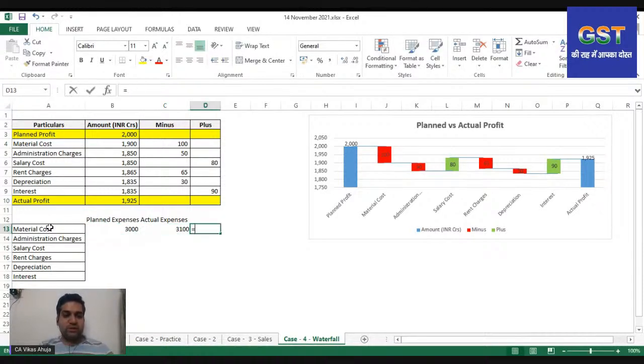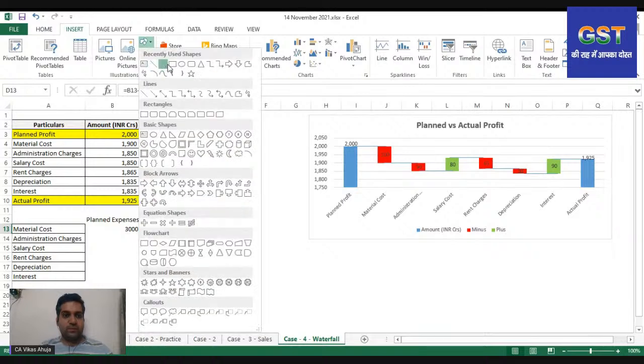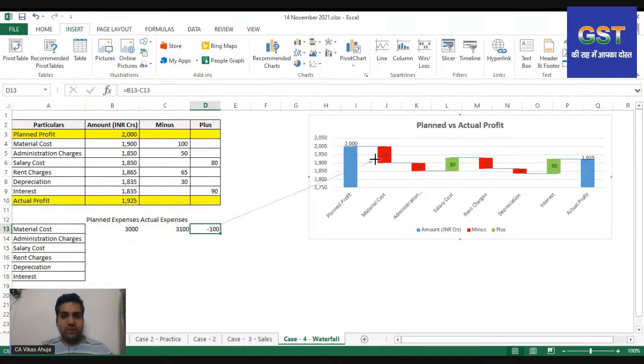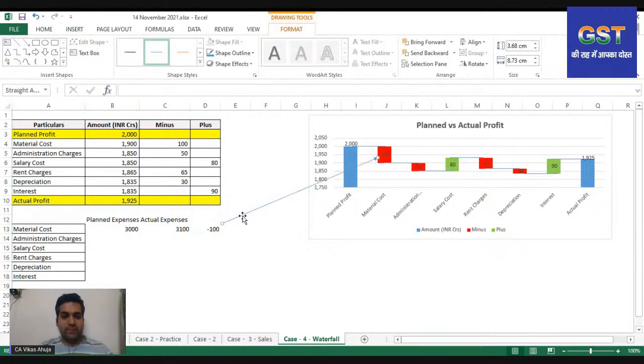So that's why this minus is coming up here, which is showing me a negative, which is reflecting here as well. I hope you can see. Let me just show you like this. Like this 100, I'm just demonstrating this 100 here in this graphical form. Okay, this is the 100 negative that dragged my profit down.